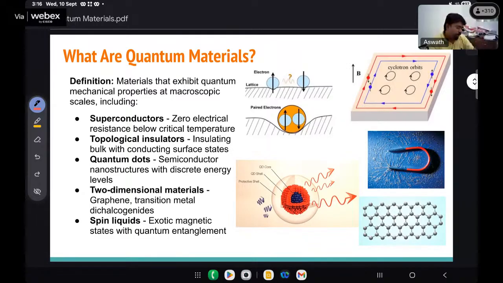On the list, you have superconductors. Superconductors are materials which have zero electrical resistance. For example, if I take a wire, it consists of electrons moving from one place to another through the wire, but along the way they hit other nuclei and other electrons. So they have a resistance to smooth travel.